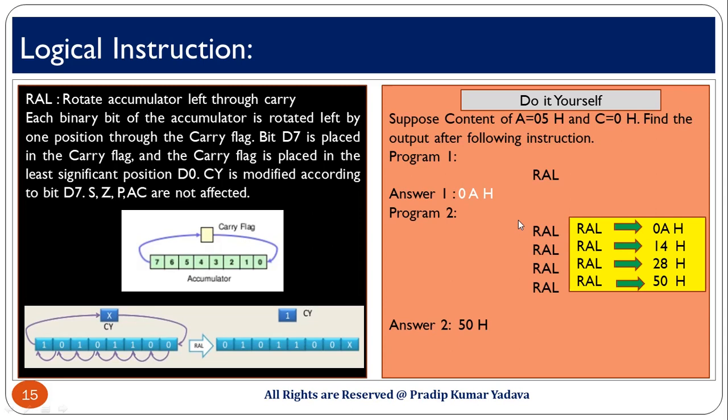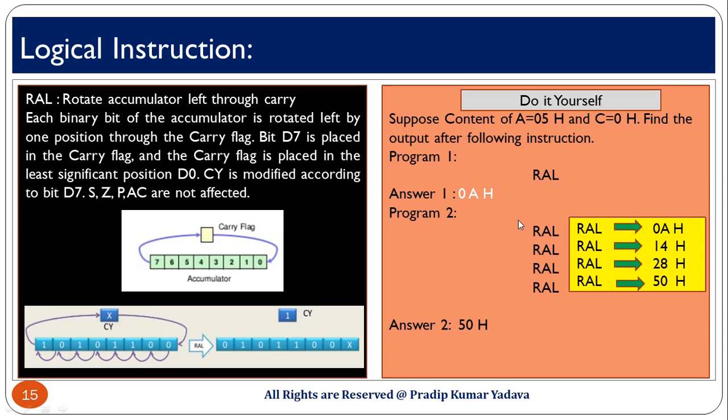Also, by using this method you can find reverse and double, but here the condition is very different. Firstly, you have to set the value of carry, then you can perform this operation. Otherwise, you have two options: RRC and RLC, because in those instructions we do not consider the value of carry.